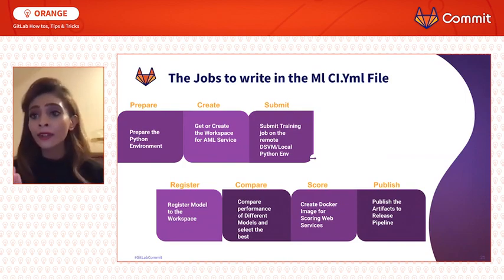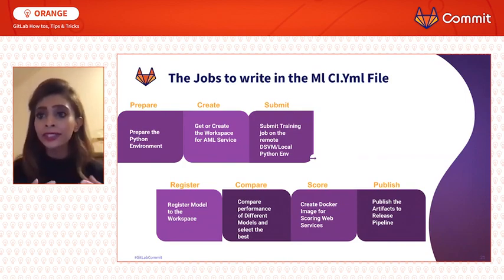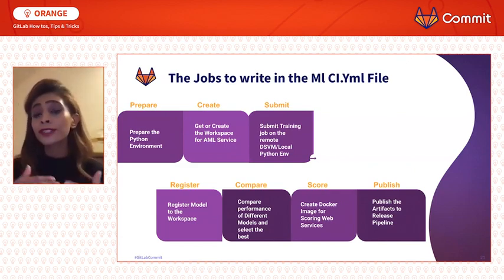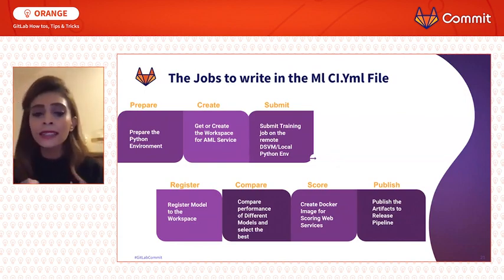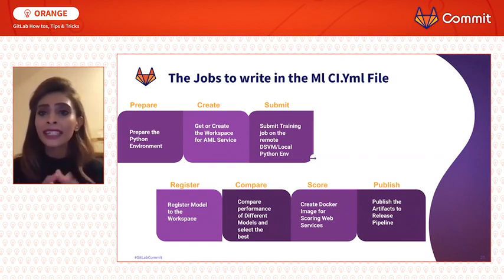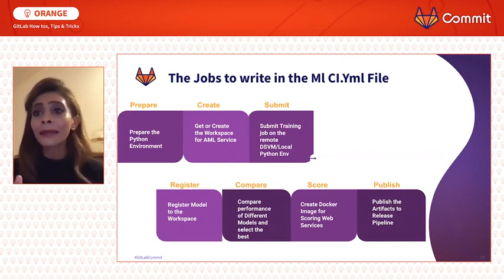That's still a part of that experimentation for a data scientist, where you don't just try one model. You try different algorithms to see how accurately you're able to predict. So that goes into giving them a CI pipeline that helps with comparing those different models.